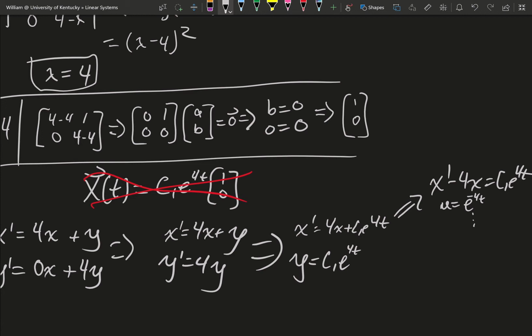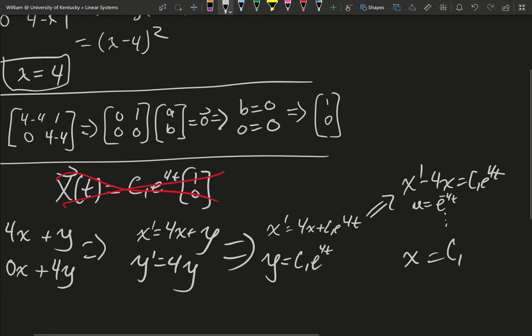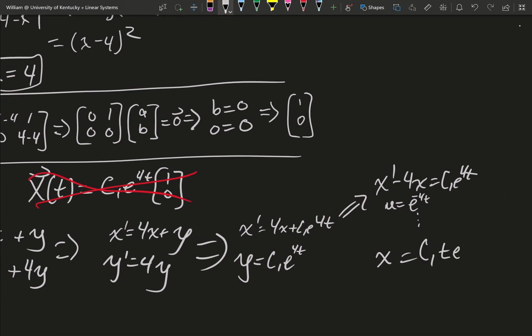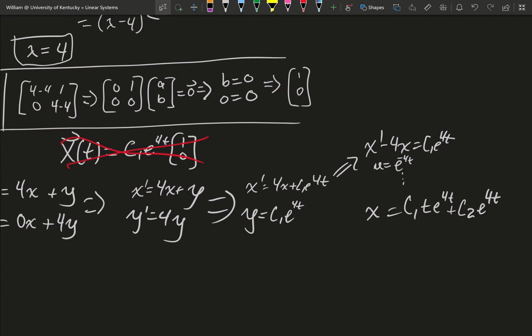But I'm just going to tell you that at the end of that process, which I trust you could finish by yourself, we would get that x is equal to c1 t e to the 4t plus c2 e to the 4t. So we have our solution.